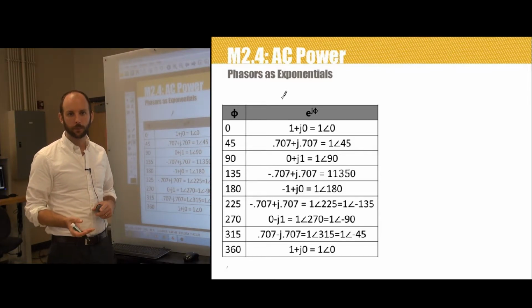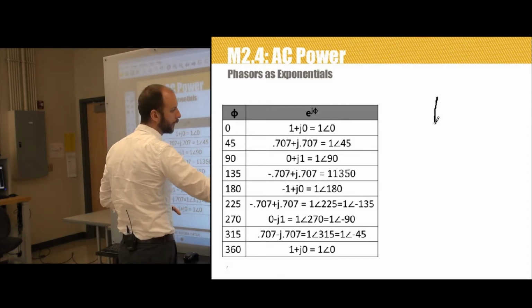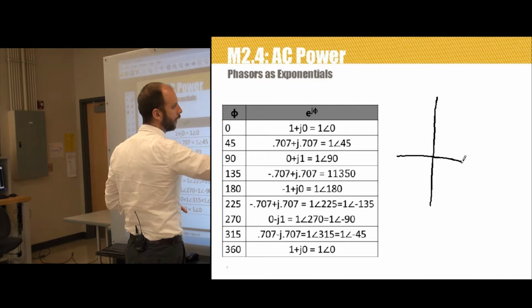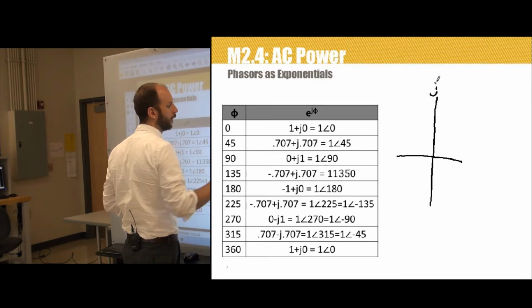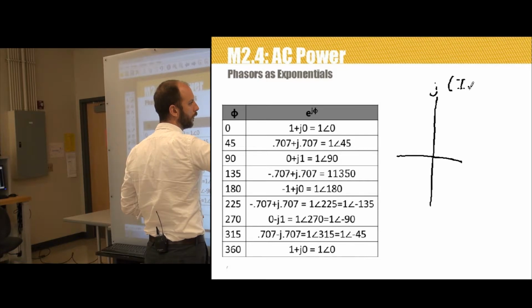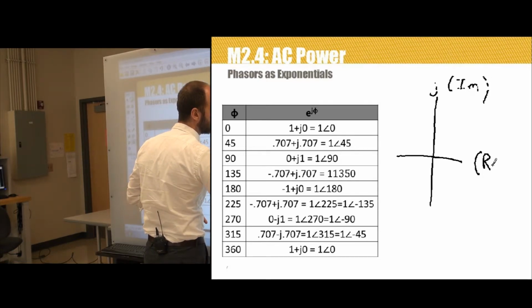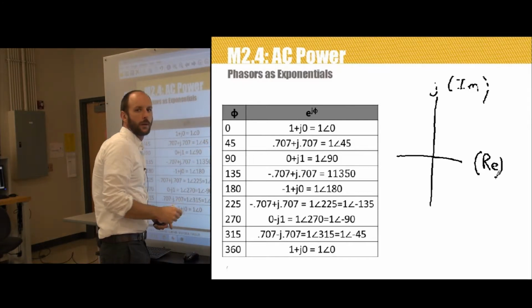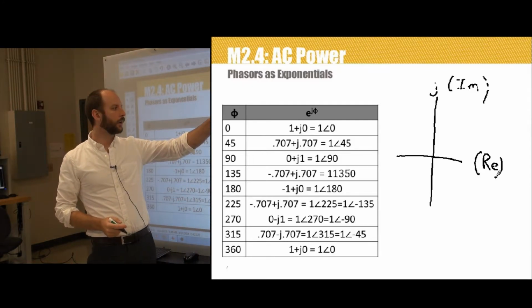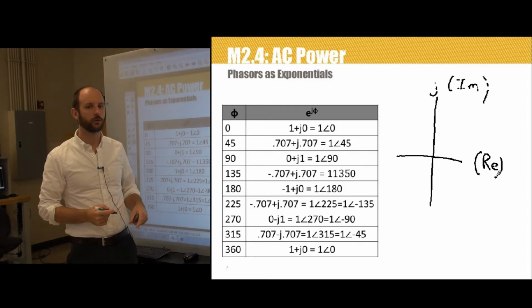Since we're on the complex plane, y-axis values, remember, are preceded by the j operator, or imaginary terms, right? So these y values are going to be preceded by the j operator.